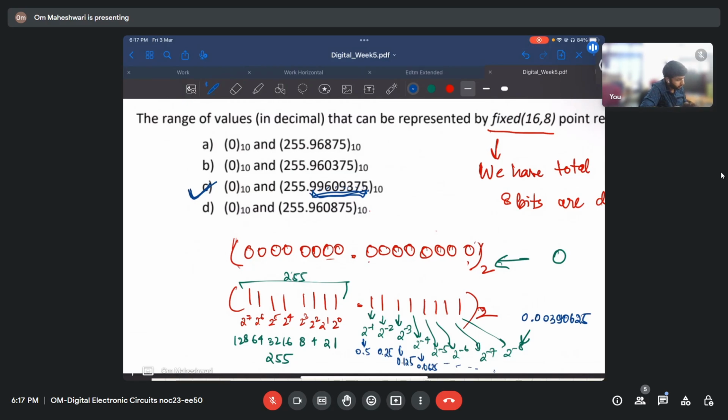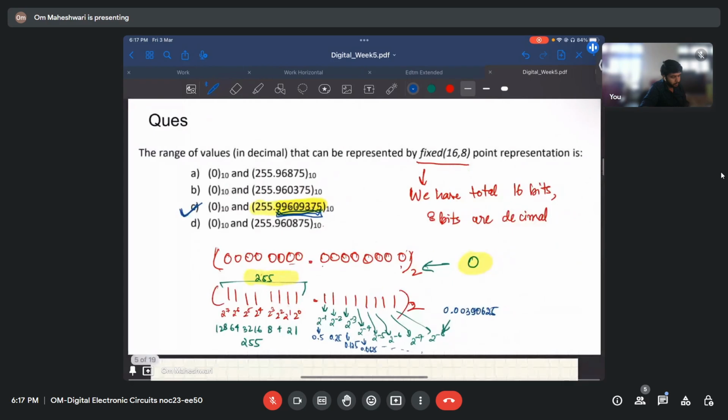If you add all those, you will get this number. So that is why the minimum that we can represent is 0 and the maximum that we can represent is 255 point this whole thing. So that is the range that has been asked in the question.